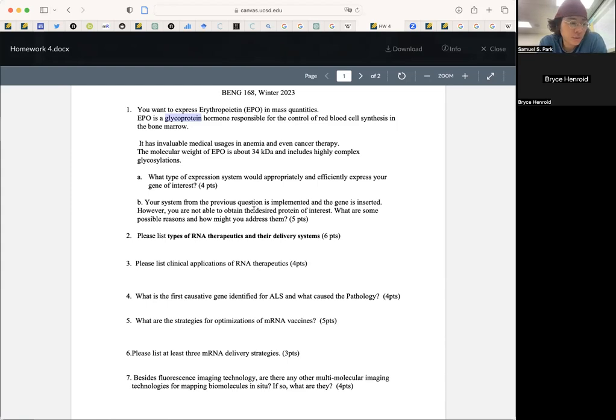So let's dissect glycosylation. Glycosylation is just the addition of sugars to proteins, right? So if I know that, for example, 90% of the sugars that are being added to my protein of interest is mannose or something, then I'm going to ensure that the concentration of mannose in my media is high.